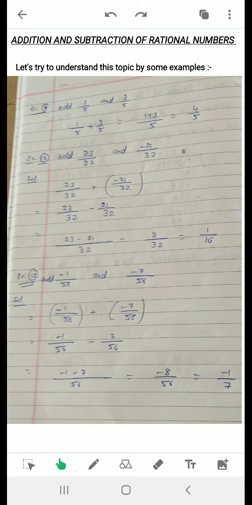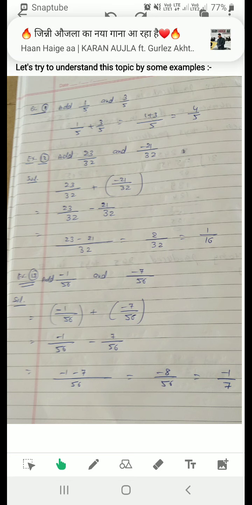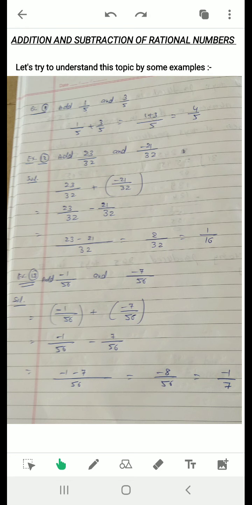In this case, the denominators of these two rational numbers are same.